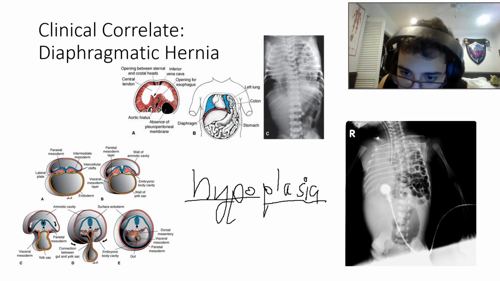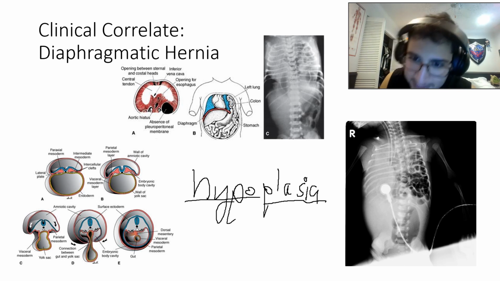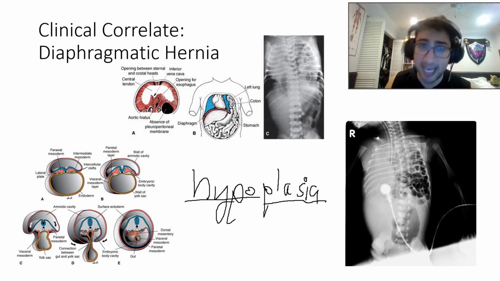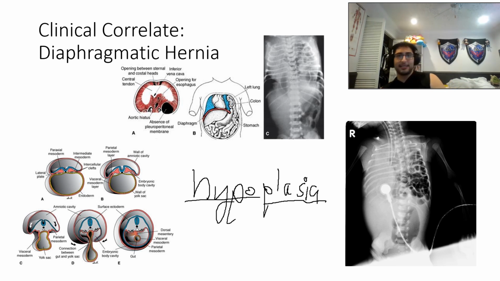Okay, so I look here and I see a bunch of structures that are sort of like tubes, right? Like a lining and a lining and a gas inside and gas, gas, gas. But there's like organs. It's not that it's just pure dark. So there's lung hypoplasia for a different reason, but I can see outlines of tissue, and within these outlines is gas. Okay, that is diaphragmatic hernia.